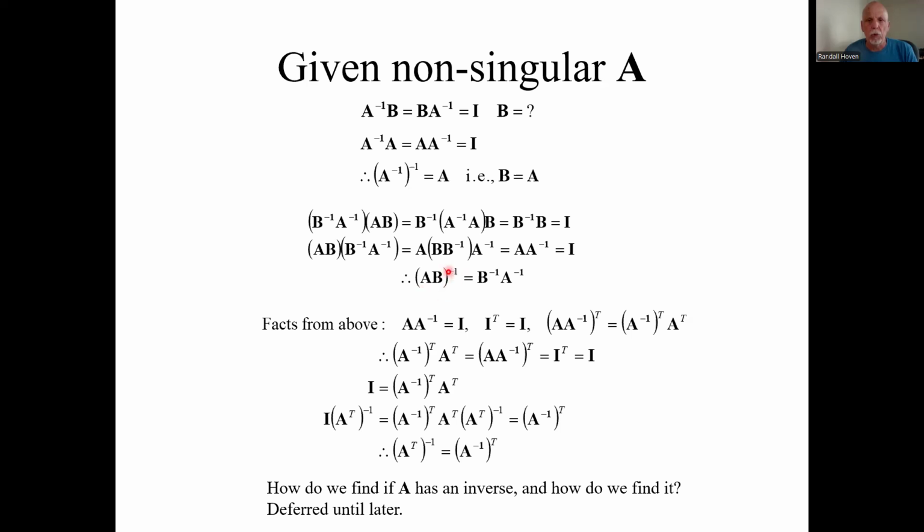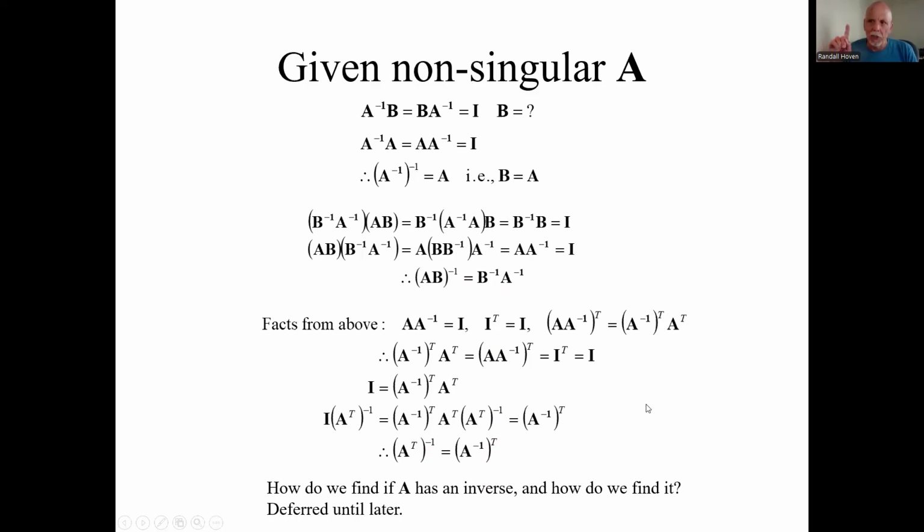The inverse of a product is the product of the individual inverses in reverse order. This just verifies that that is so. The inverse of a transpose is the transpose of the inverse. You can go through these line by line and prove them to yourself.